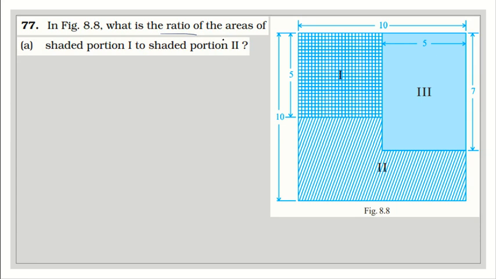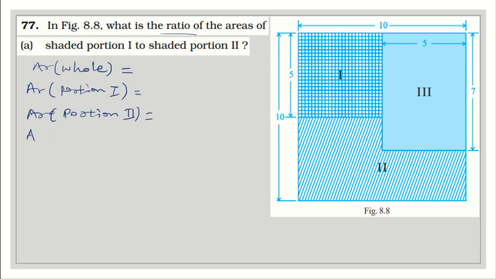First of all, if I want to find the area of shaded portion 1, let me first take the area of the whole, and area of portion 1, area of portion 2 and area of portion 3.